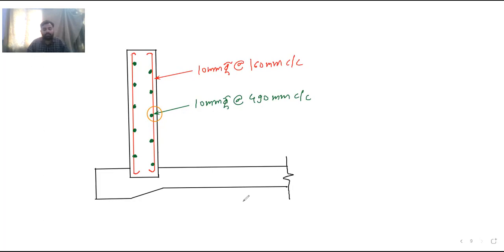Now the base slab, it is 10 mm bar, which is at 250 mm center to center. So that bar I will show you here. At top, it is like this. At bottom also the same bar will be there. Here it will move parallelly, and then it is taken at the top.